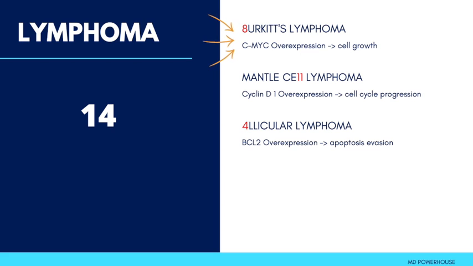For mantle cell lymphoma, that includes cyclin D1 overexpression that causes cell cycle progression. And for follicular lymphoma, this includes BCL2 overexpression, which causes apoptosis evasion.